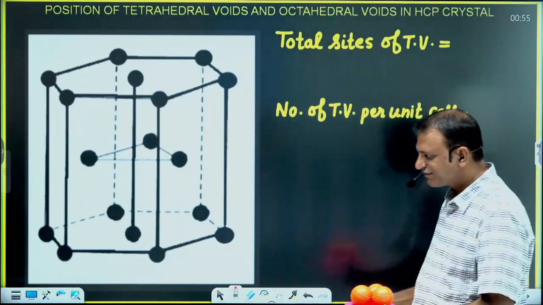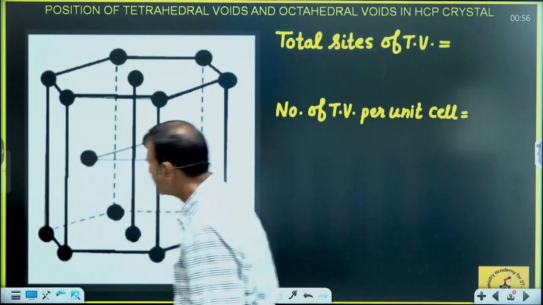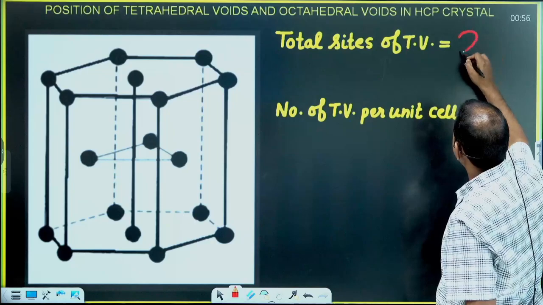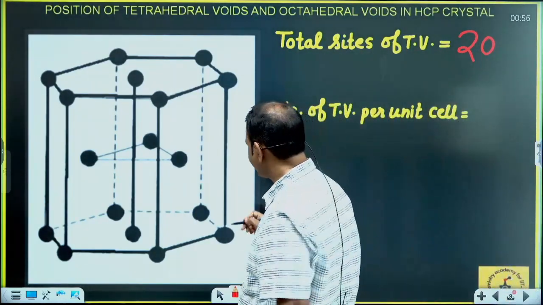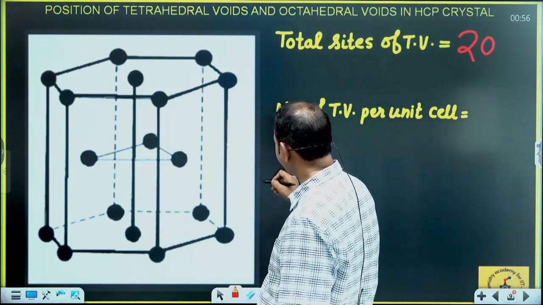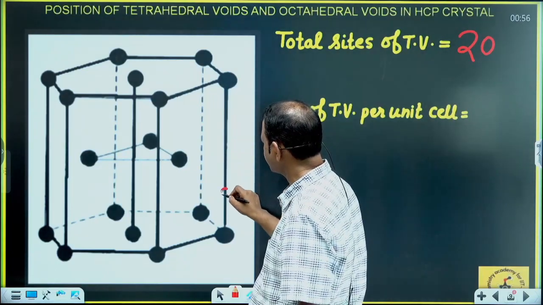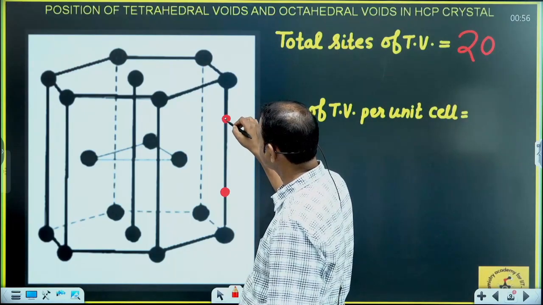So let us revise once more what we have discussed till now. Total sites for tetrahedral void is equal to 20. Let me represent on this diagram. We have discussed that this atom, one atom here and two atoms outside here, combine to form a regular tetrahedron. This position is the position of a tetrahedral void. Similarly, this is a position of a tetrahedral void.